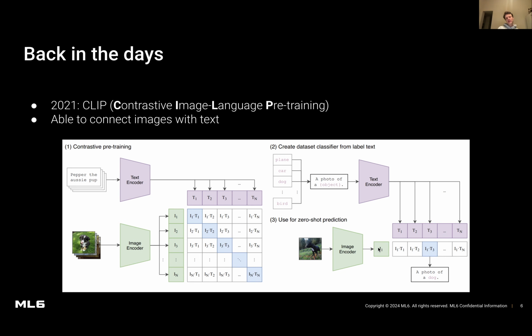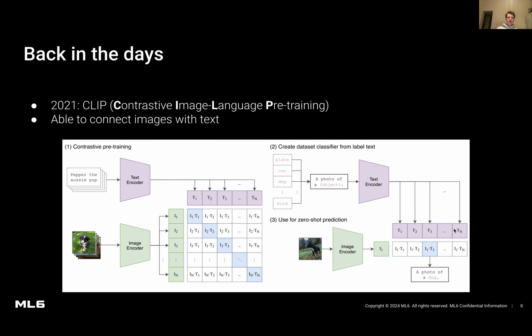And then you can do the same for a certain amount of text that you have. Like in this case, we have the text plane, car, dog, and bird. We turn each of those classes into a sentence, like a photo of a, and then we replace object by one of these classes. And then you can basically encode or embed each of those texts to obtain the embeddings for each of the texts.